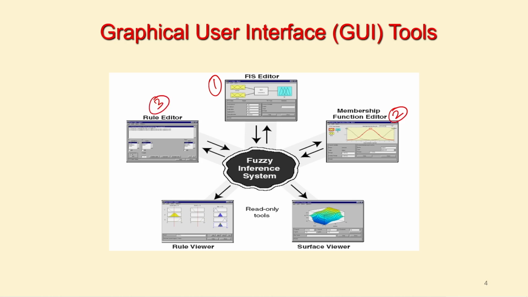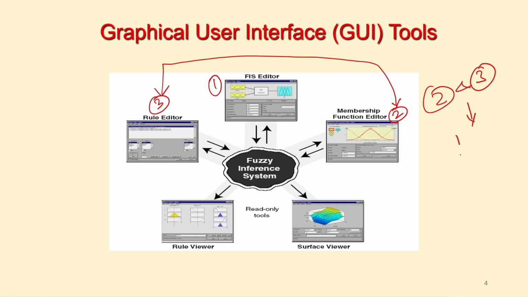As we said in the previous session, these 2 and 3 are going to be the knowledge base, and this FIS editor is going to sit as the heart, the control unit that executes things with respect to the input data as well as the output that we have expected.